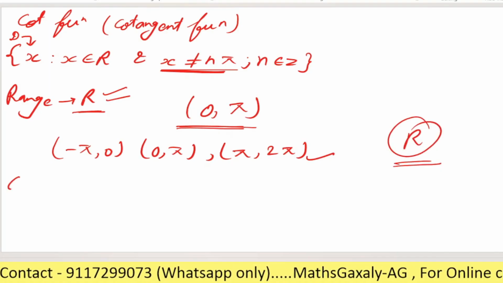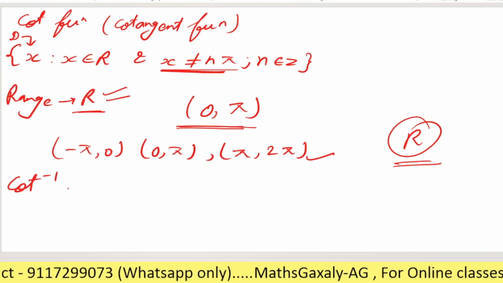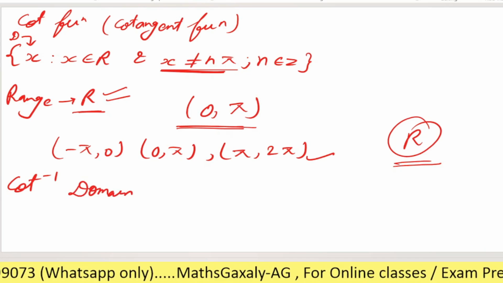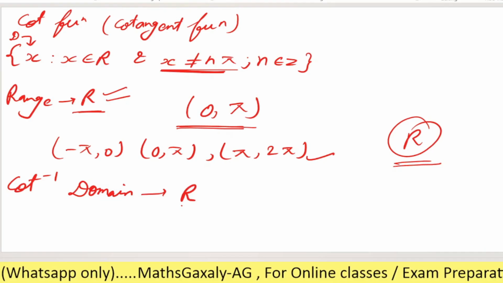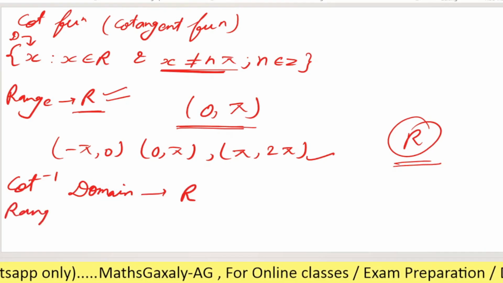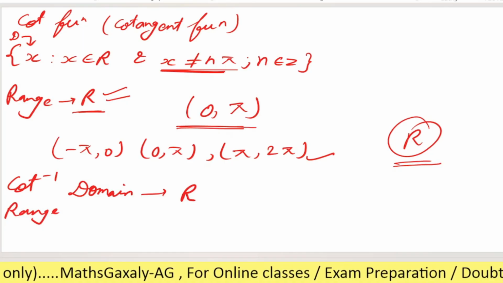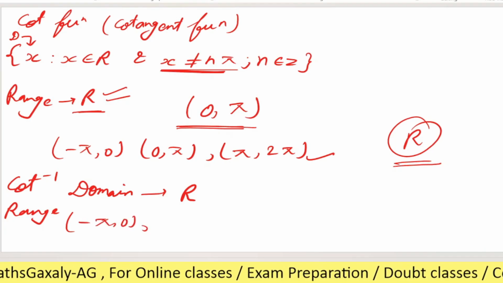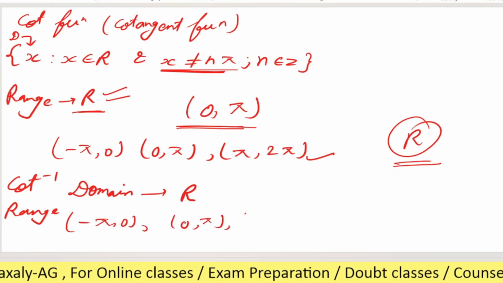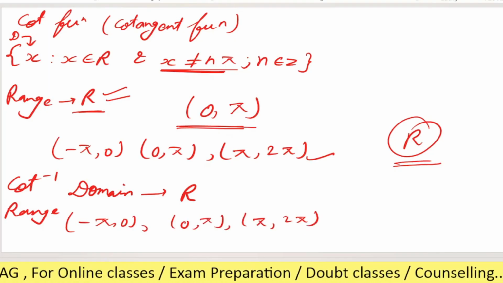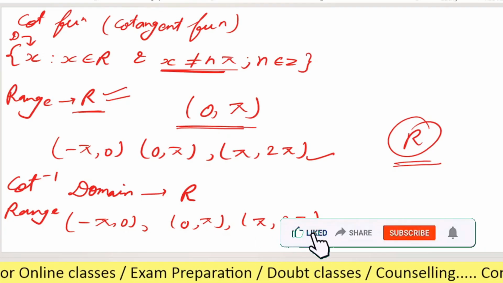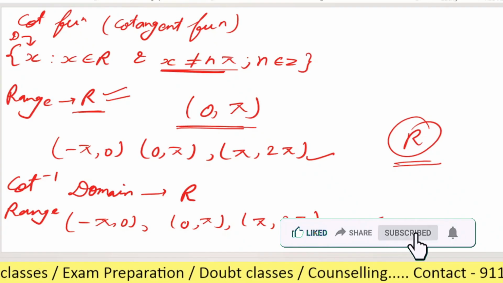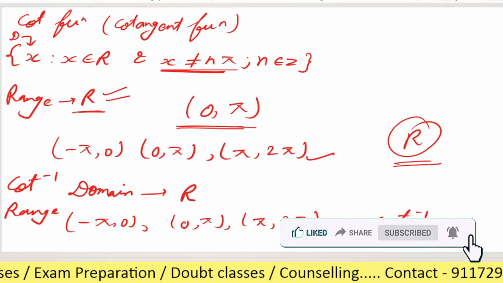Thus we can say that cot inverse can be defined as the function whose domain and range are changed. Its domain will be R and the range will be any of the intervals minus pi to 0, 0 to pi, and pi to 2 pi. These intervals give different branches of the cot inverse function.